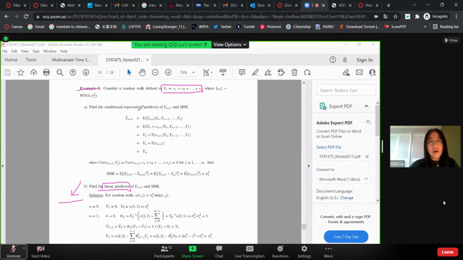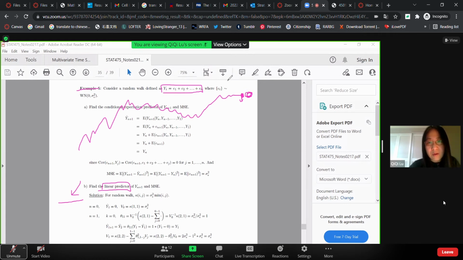So a random walk like this, typically you can use it to model the stock price. If you want to see tomorrow's stock price, so here's today, what is the stock price for tomorrow? This is the one step ahead prediction, right?